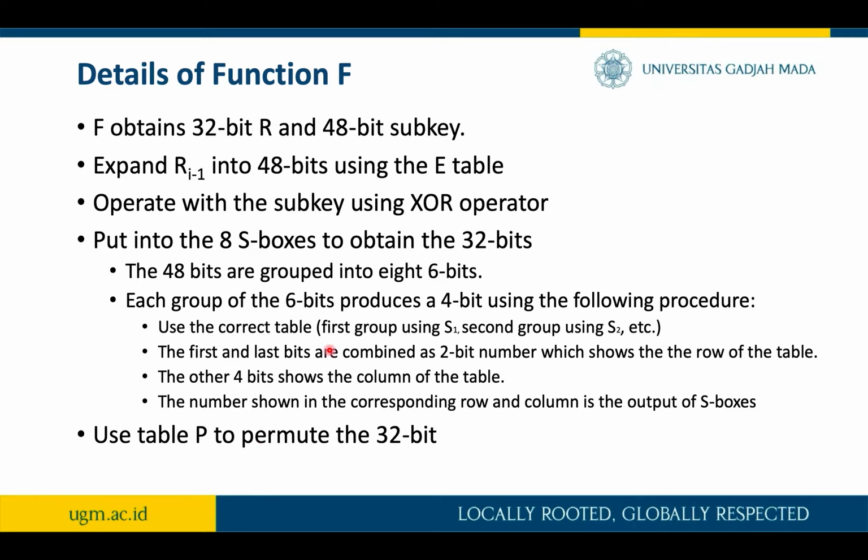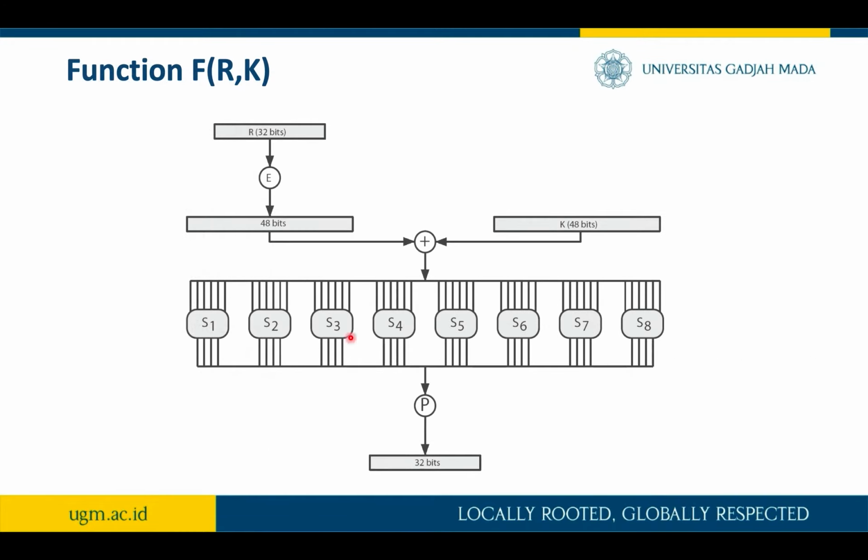So in this case, I think I'll just go to the illustration here. The input for this function is R. It consists of 32 bits. But we have to XOR the bits with the subkey.